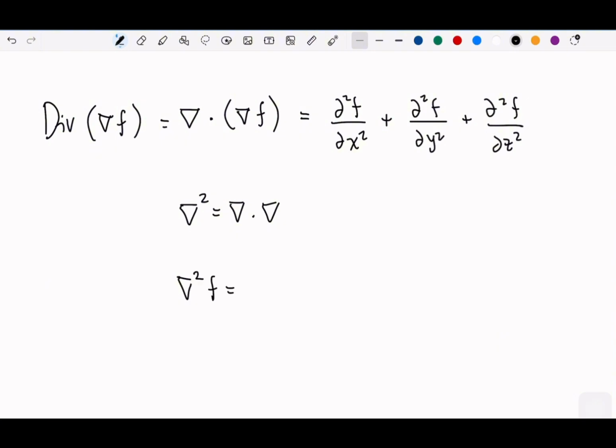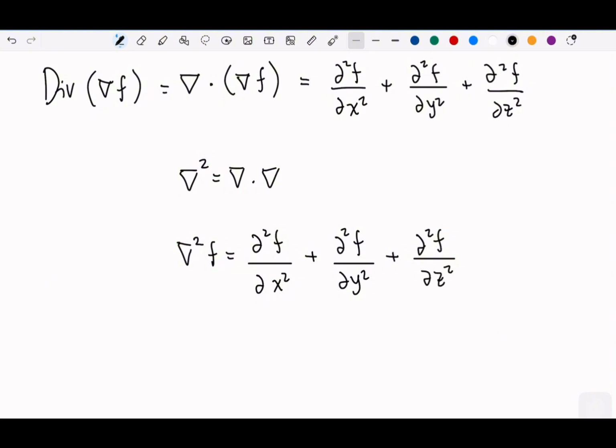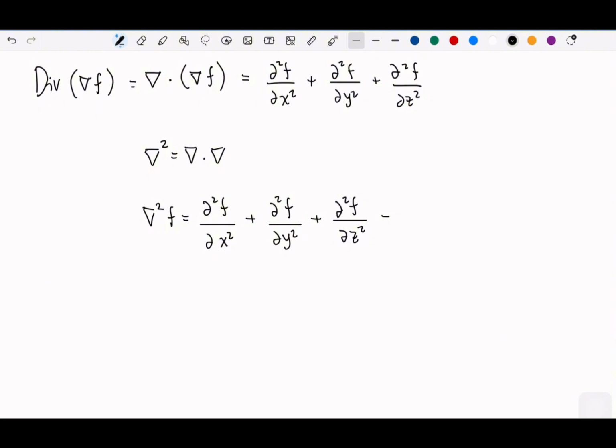So the del squared will be the del dot del, which is second partials or second derivative of the functions. And if this is equal to 0, we call it Laplace's equation.